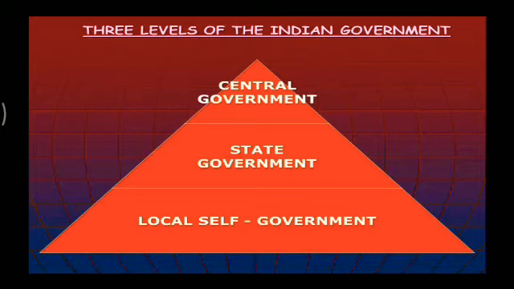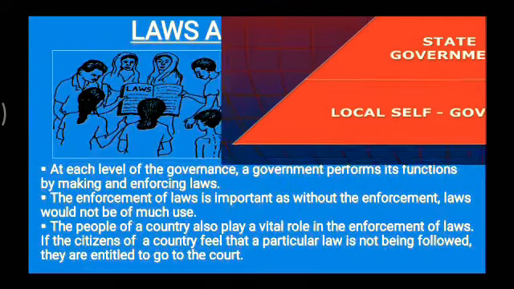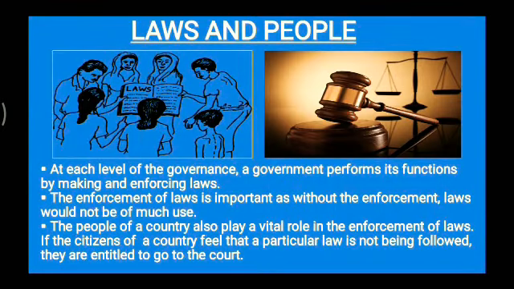Now, as we are talking about these three levels of government in India, another topic that comes to mind is laws and the people. How are laws and people connected? At each level of governance, a government performs its functions by making and enforcing laws. For example, in order to ensure the safety of people on the roads, there is a law that all people driving a car must wear their seatbelts.